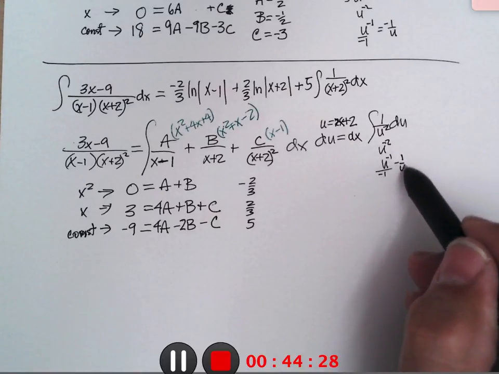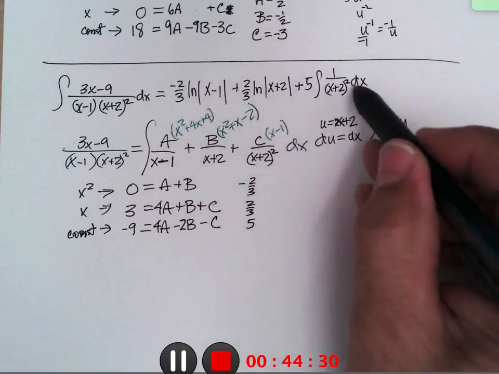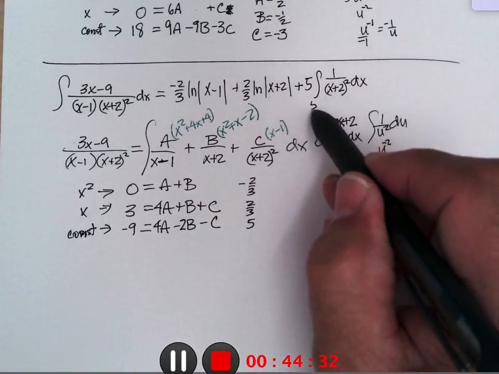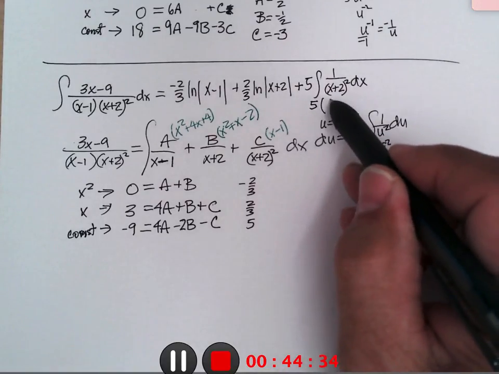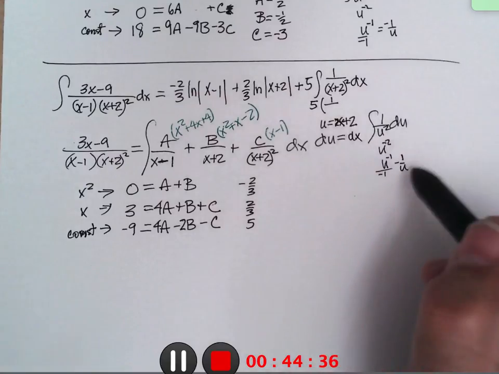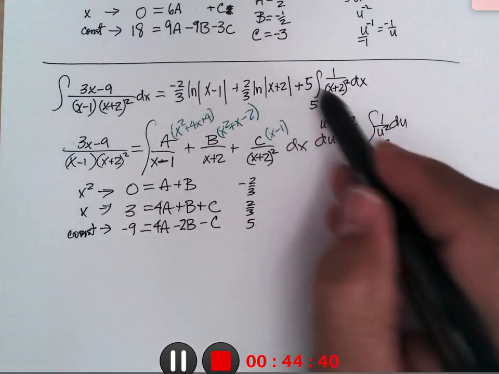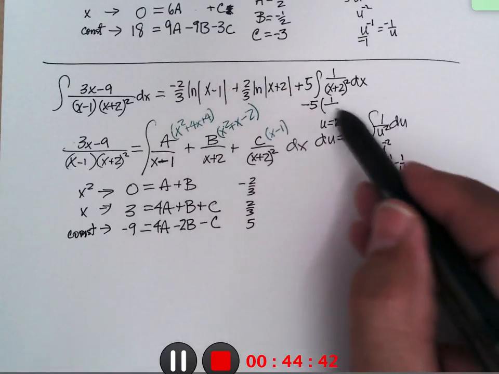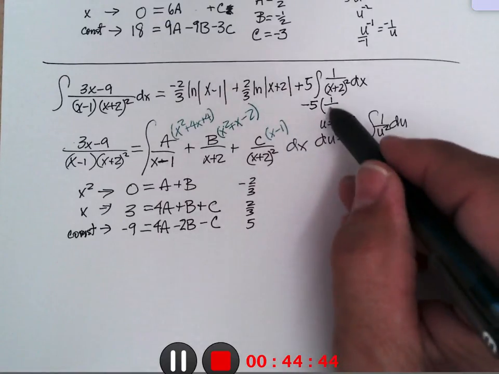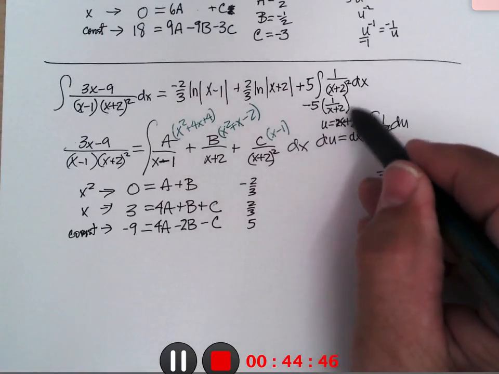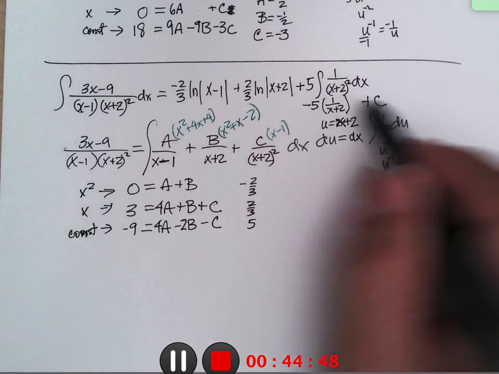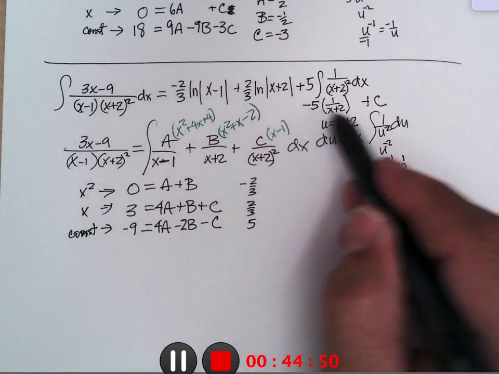So this last one would change to 5 times minus 1 over u, and that's x plus 2, and then plus c.